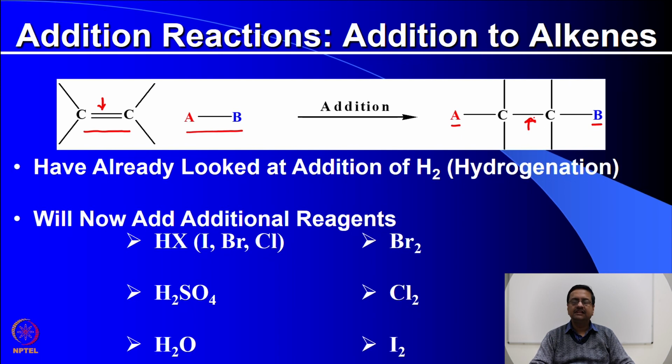So it is very similar to the addition of hydrogen. You may have learnt in your 10 plus 2 how hydrogen is added to a C=C double bond. So we will now discuss the reaction mechanisms of addition of unsymmetrical substrates to a C=C double bond. We will discuss the addition of various HX, halogens, sulfuric acid and water in a systematic manner.